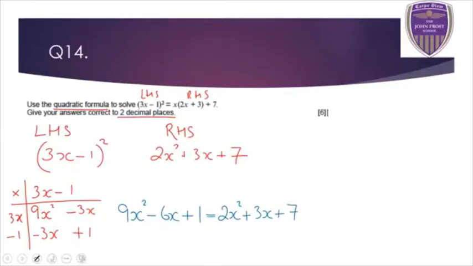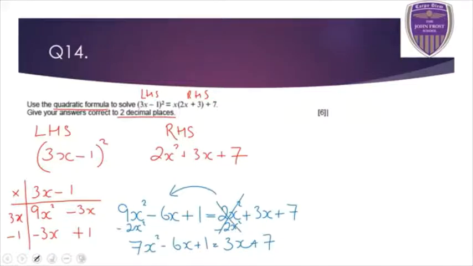Okay, so I want to get the x squared. I'm going to move everything over to this side. So if I wanted to get the 2x squared, I've got to take that off both sides. Okay, so I'll end up with 7x squared minus 6x plus 1 equal to 3x plus 7. That's why we do it, to get rid of that.